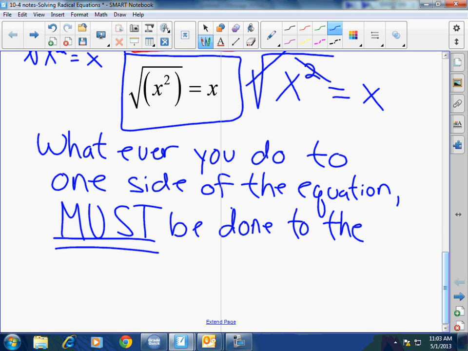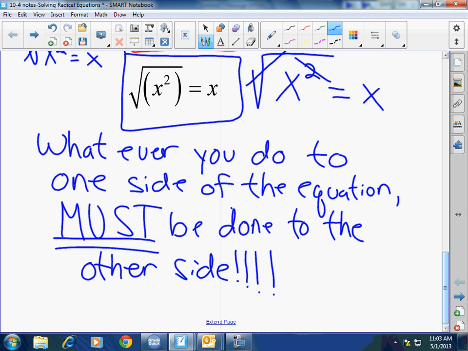That's not a new concept, but I want to make sure that I drive it home, because it's really, really important. Whatever you do to one side of the equation must be done to the other side of the equation.